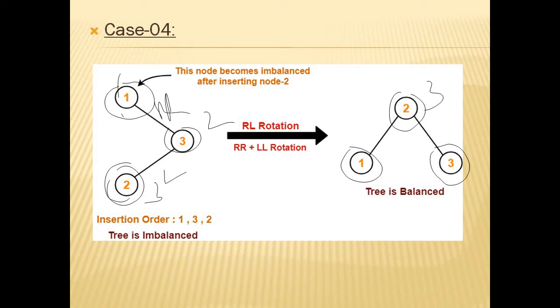If you get any change in the balancing factor, then you need to check where it happened, whether it is LL, RR, RL, or LR. Based on that, you need to apply rotations. We go with an example.